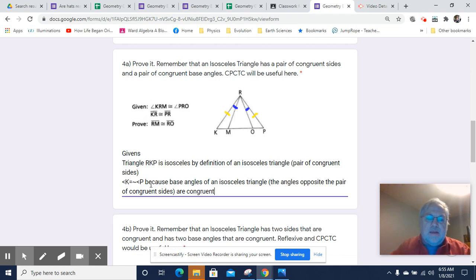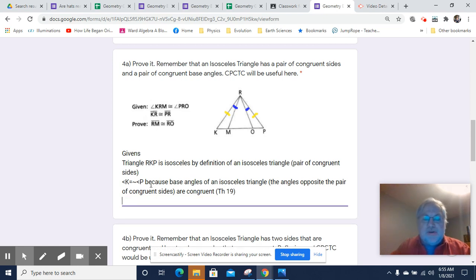Okay, and that's Theorem 19. I believe it was Theorem 19. It's either Theorem 19 or 20. I'm pretty sure it's Theorem 19.